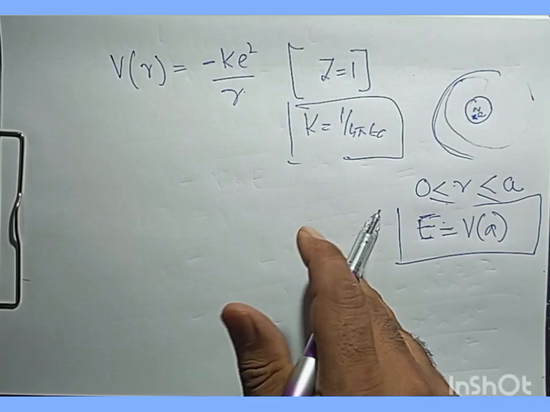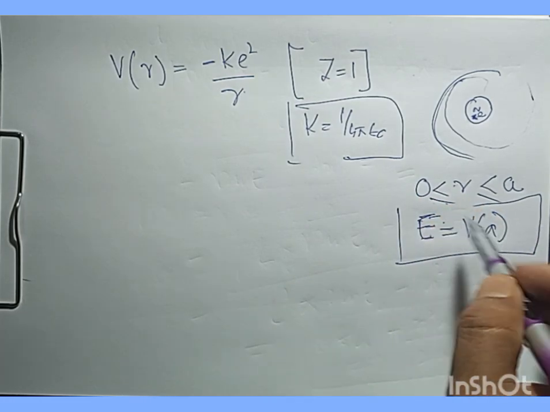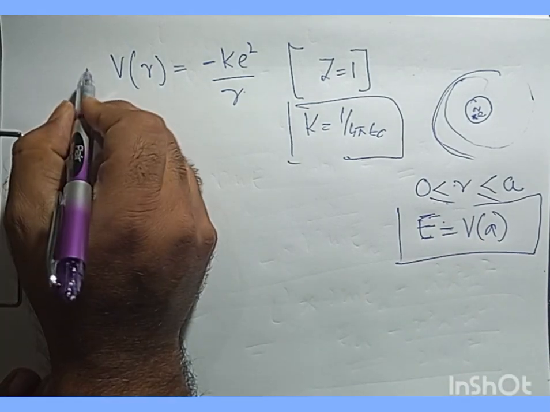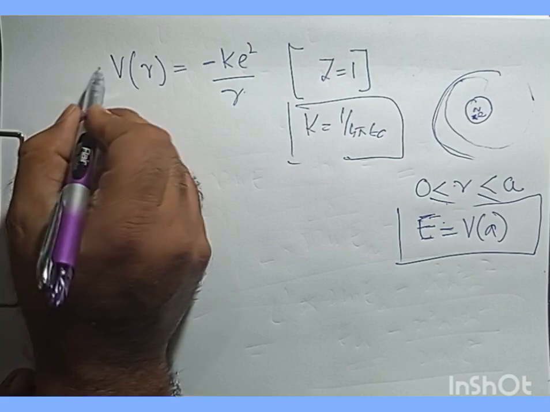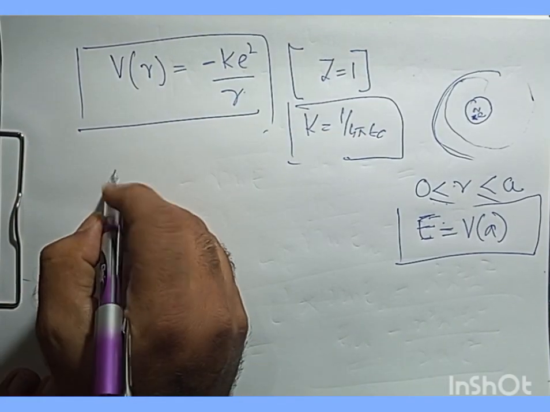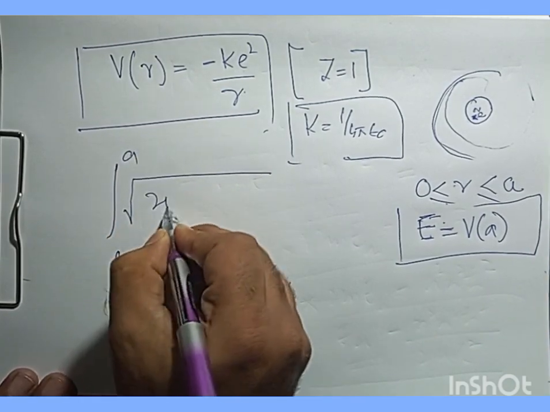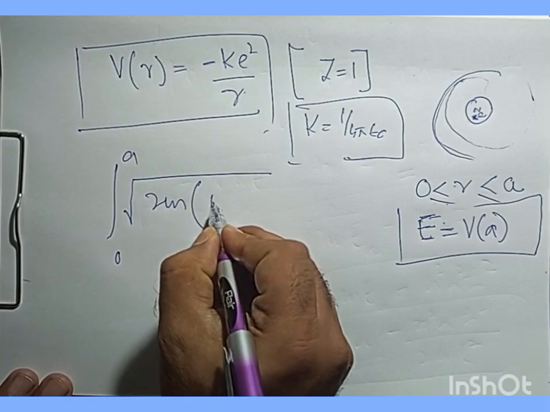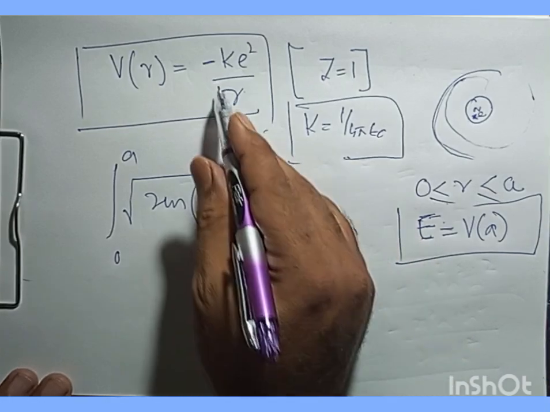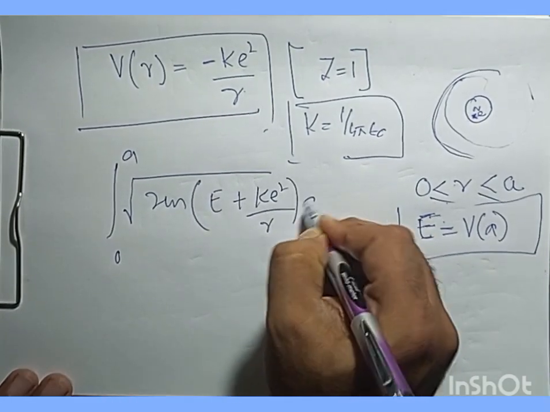Now, what is important here is that the energy of this electron is negative because this electron is bound to the nucleus. So if I use the quasi-classical approach here, I have a situation like this: integral from 0 to A, square root of 2M times (E plus K E squared by R) dr. Minus will become plus.